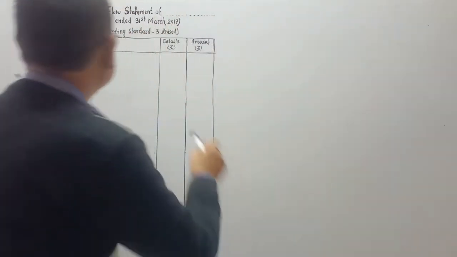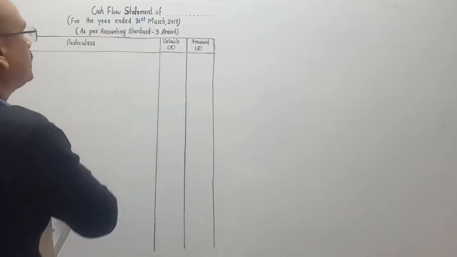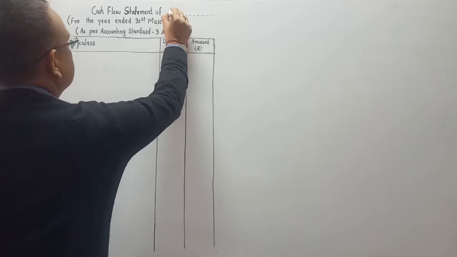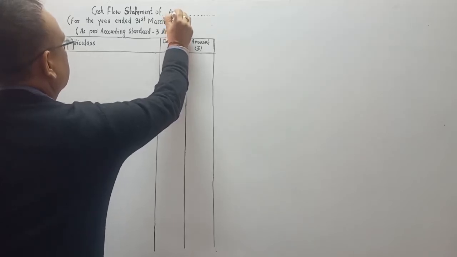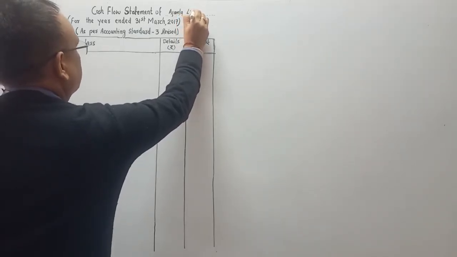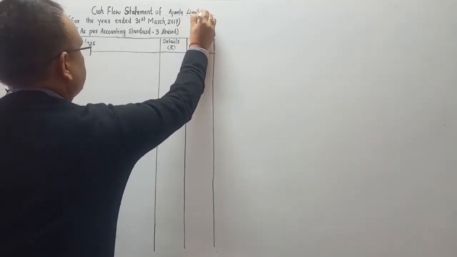So we'll prepare the cash flow statement. Give the heading cash flow statement and write the name of the company, Ajanta Limited.